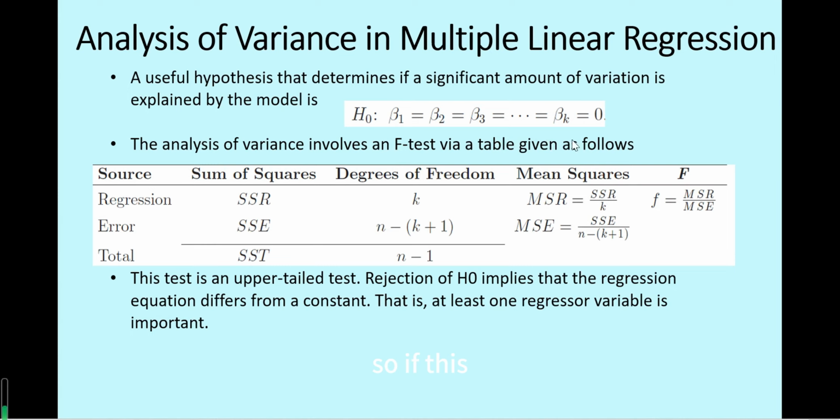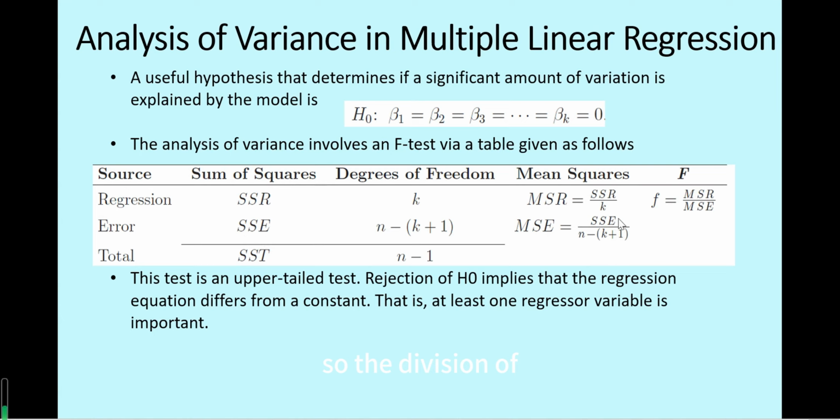If this is true, SSR and SSE have degrees of freedom, and we divide each by its corresponding degrees of freedom, giving mean SSR and mean SSE. Under this assumption, SSR and SSE follow chi-square distributions.